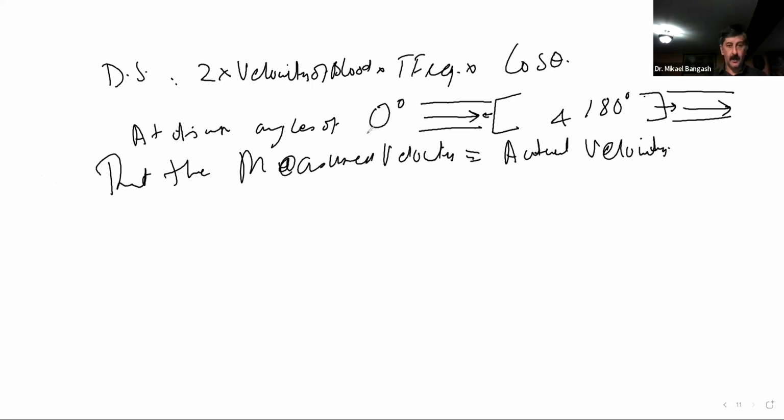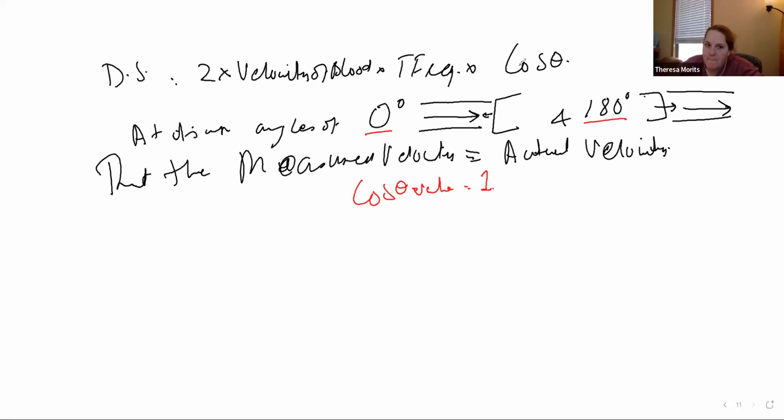Because it was at these two angles here that the cosine theta value was 1. Did you guys get that? So the whole equation would have been multiplied by 1, right?